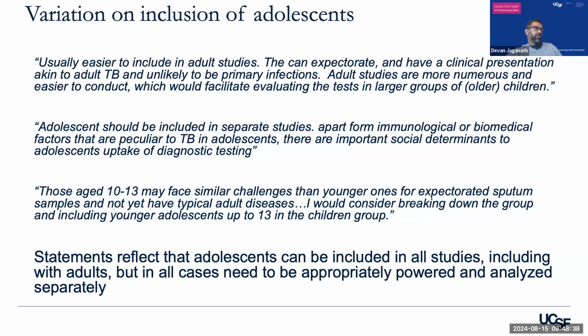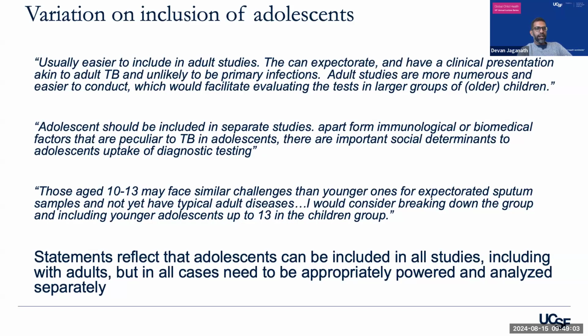And just to reiterate, there was variation in their inclusion. I think they highlighted that they can expectorate, they have a closer clinical presentation to adult TB, and that it really could help get more data for adolescents because there are just way more studies in adults, and really could get the data more quickly.